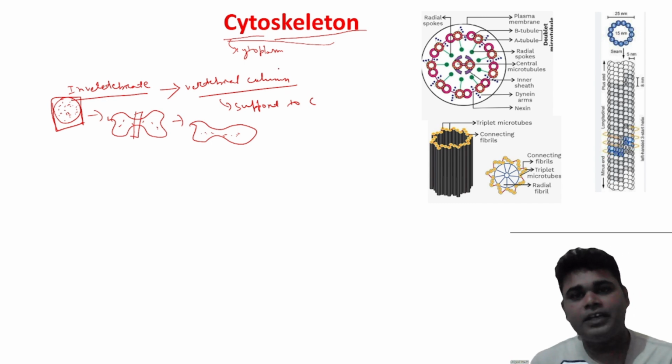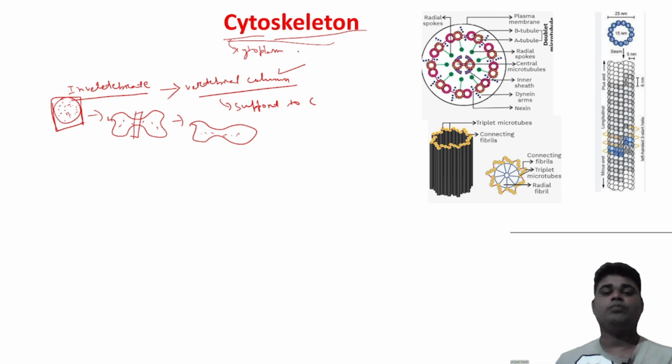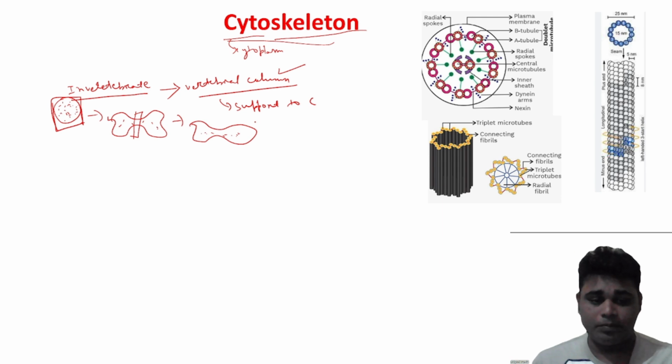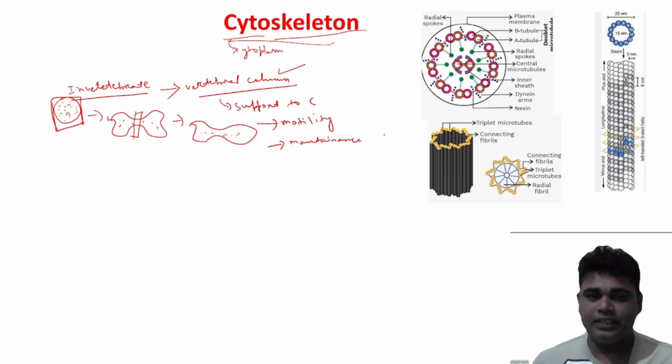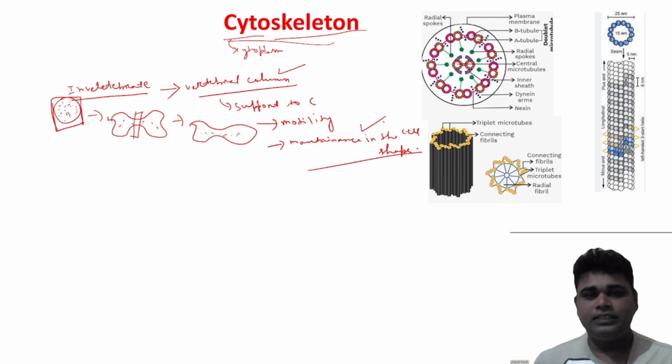So that is the main function of the cytoskeleton, that means to provide support. Besides providing support, it also helps in motility inside the cell, and along with that it also helps in the maintenance of the cell shape.